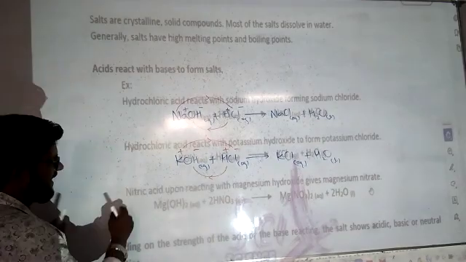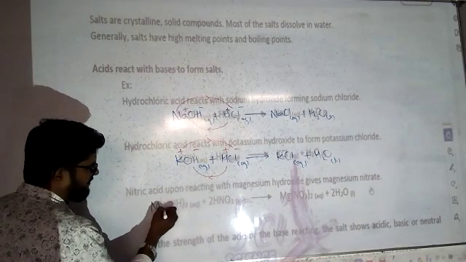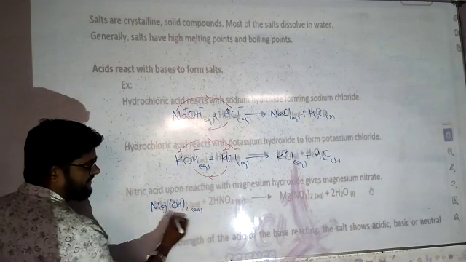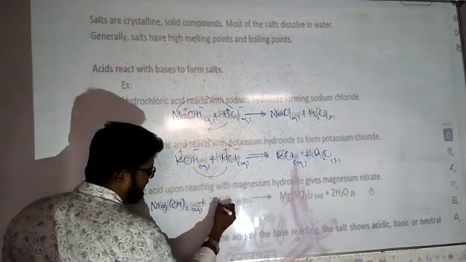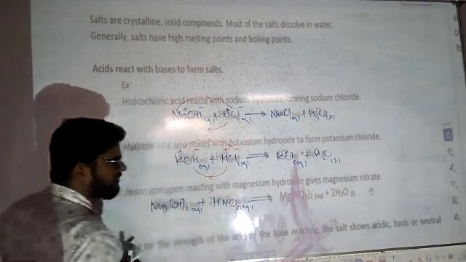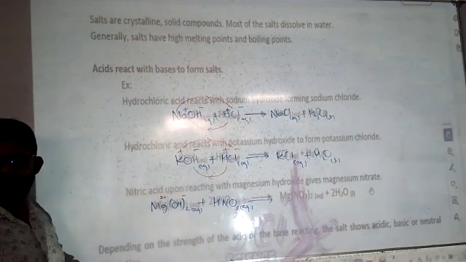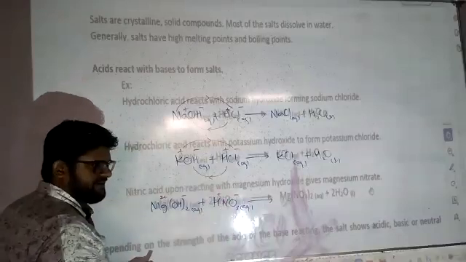And again, nitric acid upon reacting with magnesium hydroxide. Magnesium hydroxide is Mg(OH)2. This is the magnesium hydroxide suspension. And HNO3, nitric acid. Magnesium is 2 plus, OH is minus 1. H plus NO3 minus.